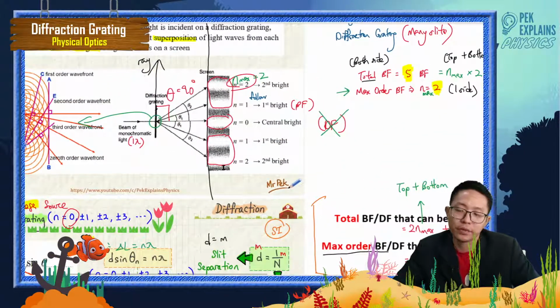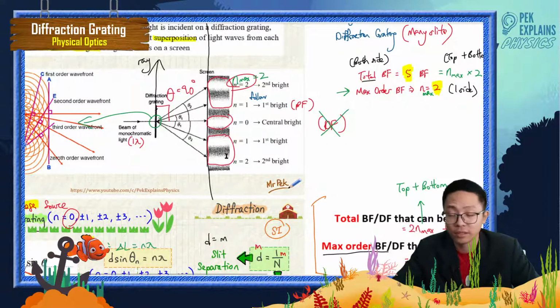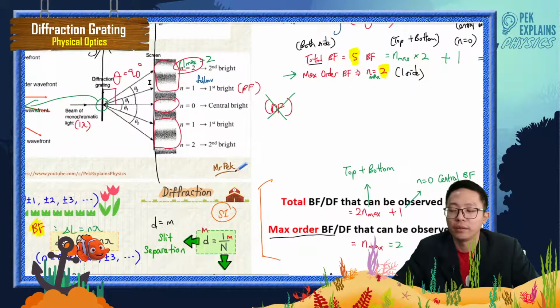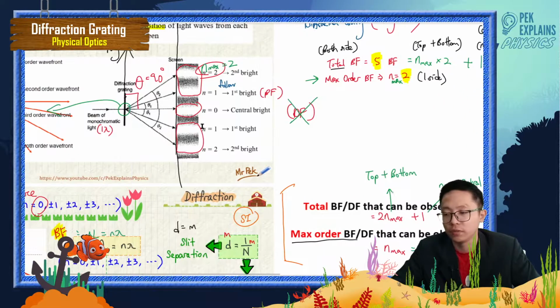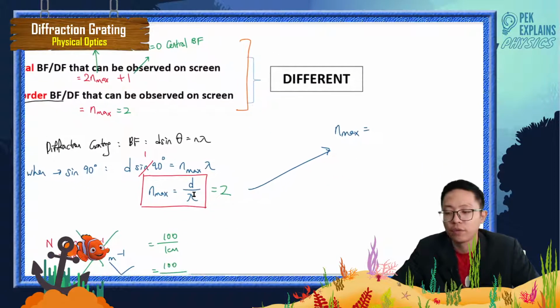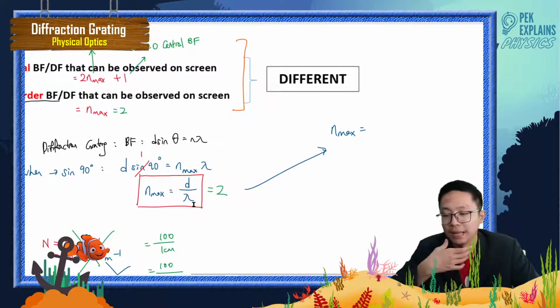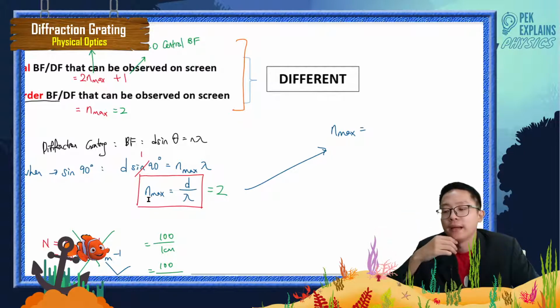When the figure is given, it's easy, we can count one by one: 1, 2, 3, 4, 5. Very easy to find the total bright fringes that can be observed. What if the figure is not given? It just gives you the value of d and lambda, and you need to find the maximum order by yourself.